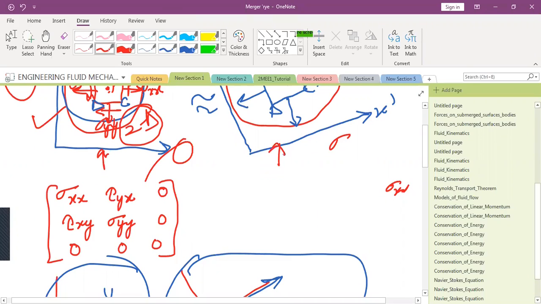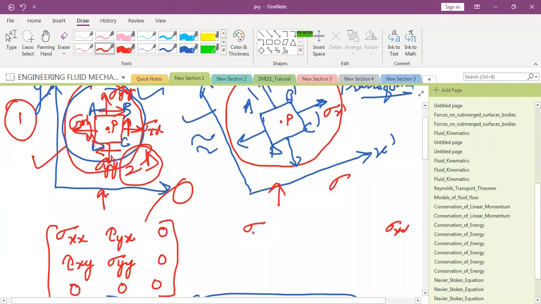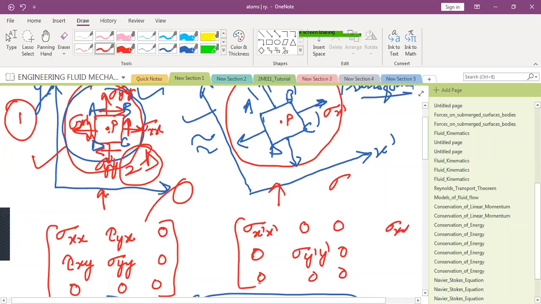And for this configuration, what will the matrix become? Help me write down this matrix. Sigma x dash, what else? 0, 0, 0, sigma y dash, 0, 0, 0, 0. So these are equivalent, like we had the other one.